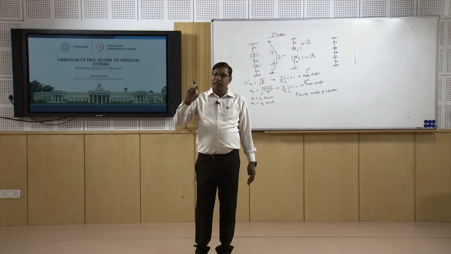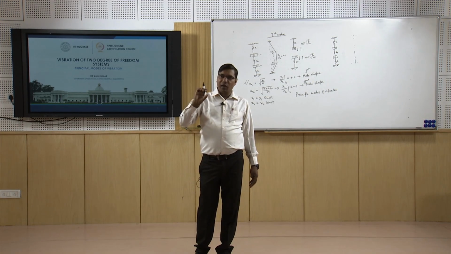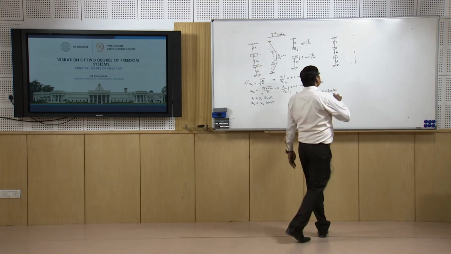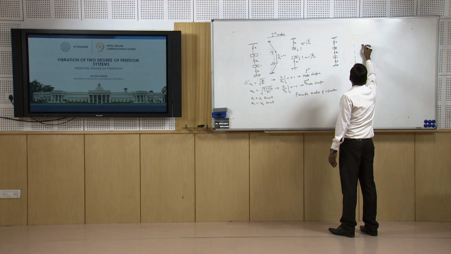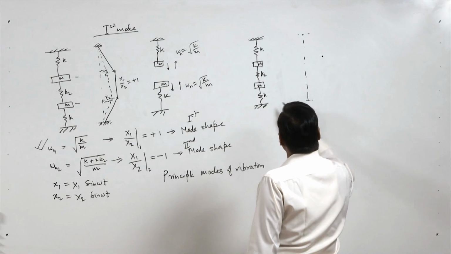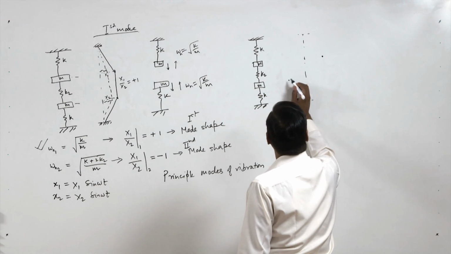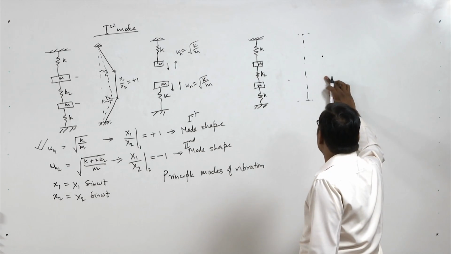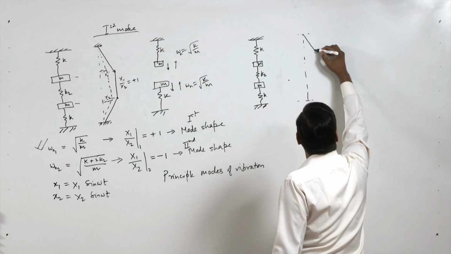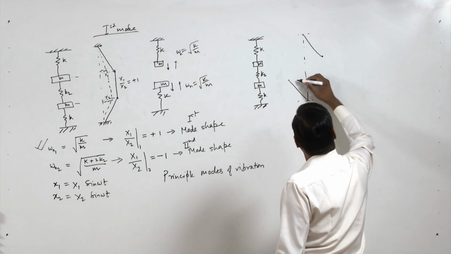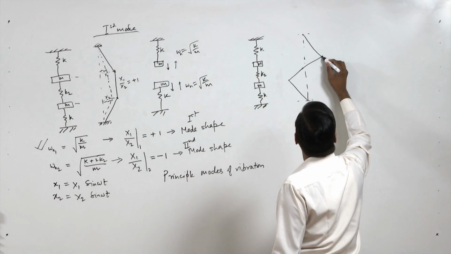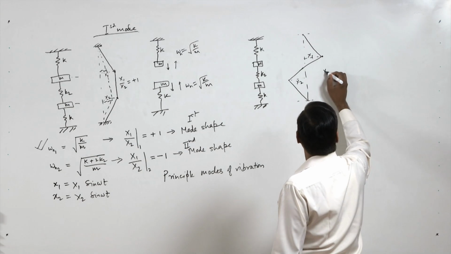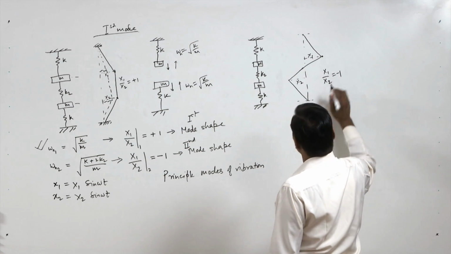That means if from the equilibrium position one mass is at 5 mm downward, the second mass is 5 mm upward. If this mass is 5 mm upward, this mass will be 5 mm downward, on the other side. So, what will be the mode shape? This is the mode shape, with x1 and x2, and we see that x1 by x2 equals -1.